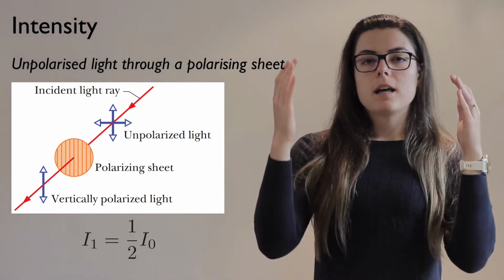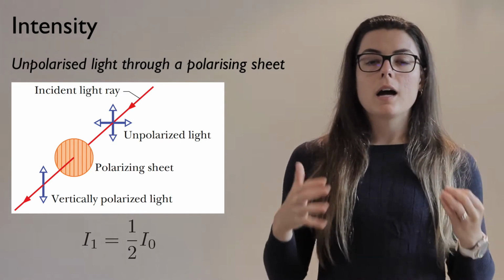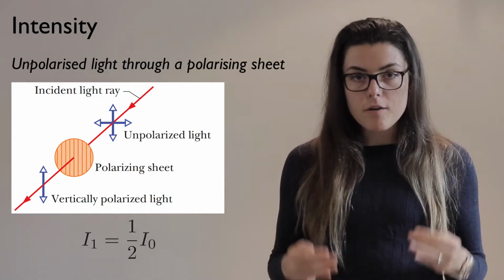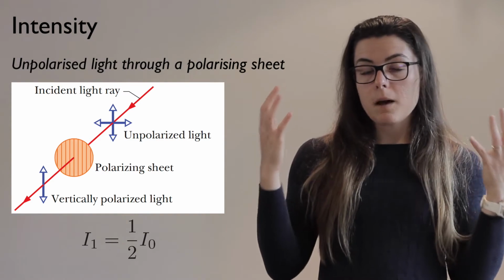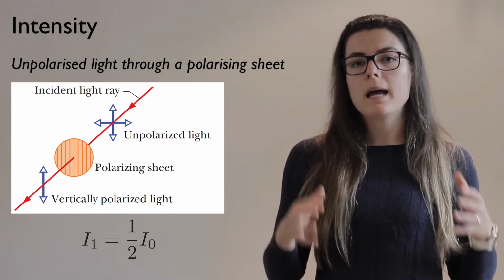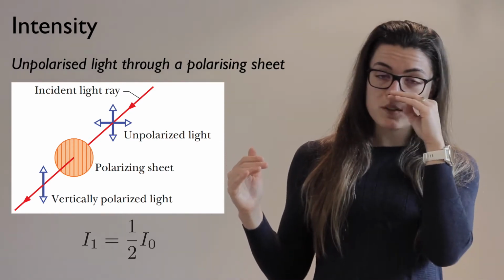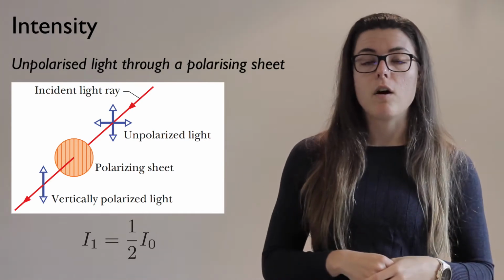So when unpolarized light passes through a polarizing sheet, we are going to absorb half of the intensity; the intensity is going to drop by a half. We're going to absorb all of the horizontal components, which basically makes up half of the intensity of the waves.